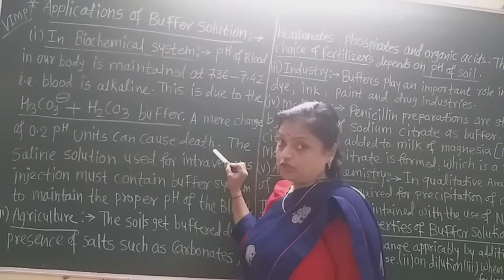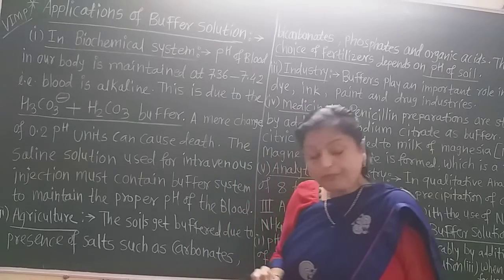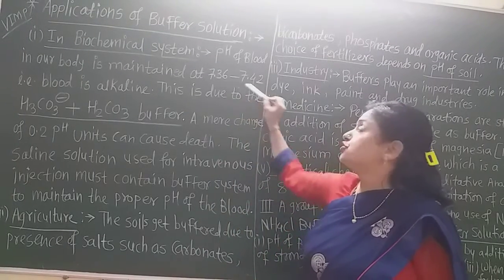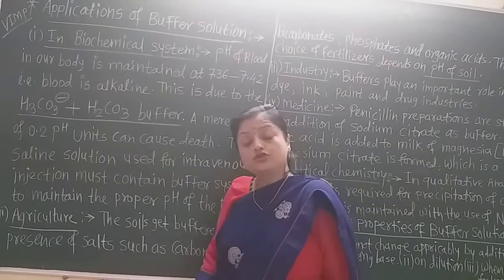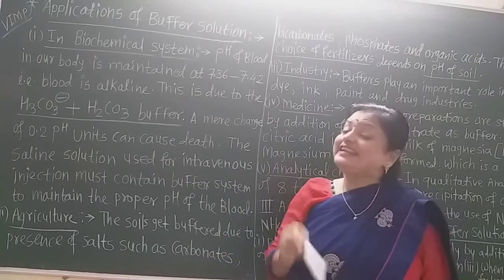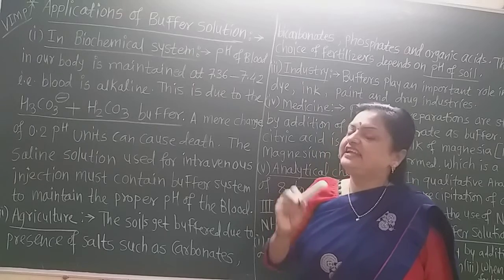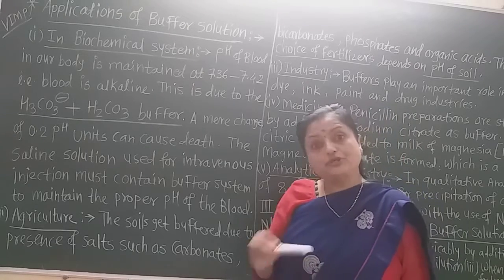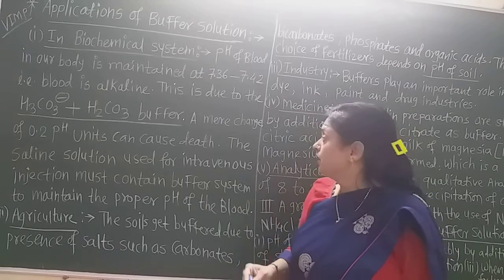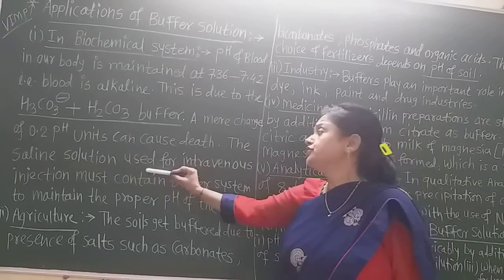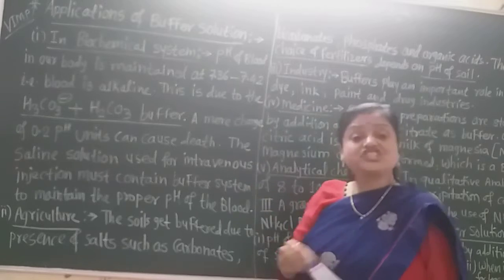Remember students, the blood must maintain this pH constant, and this is due to this buffer. So the buffer resists change in pH, and due to that our biochemical system is very secure.